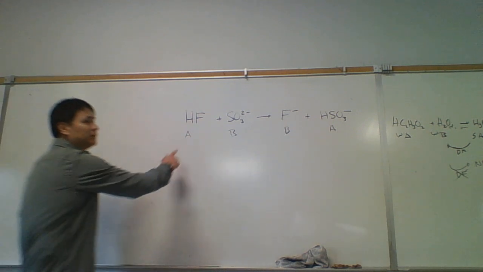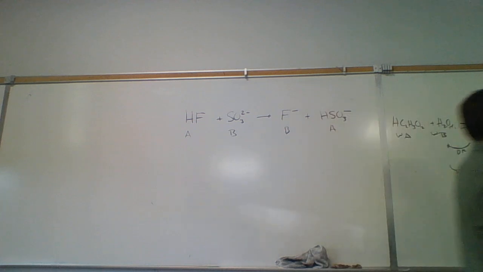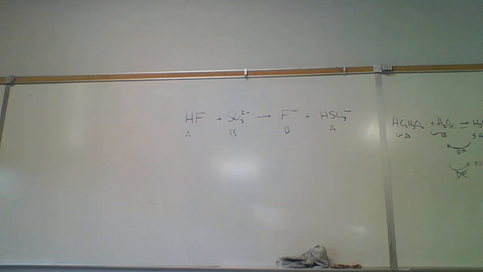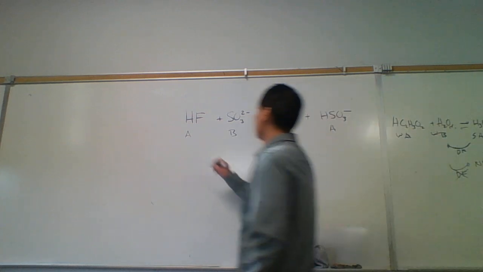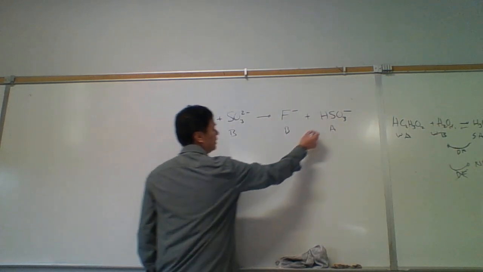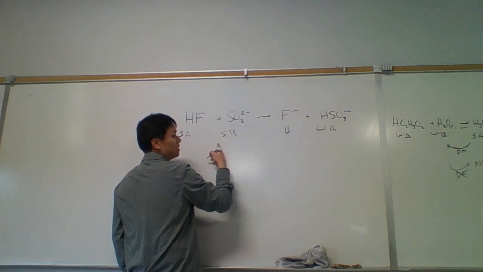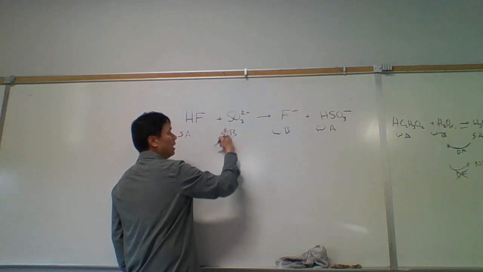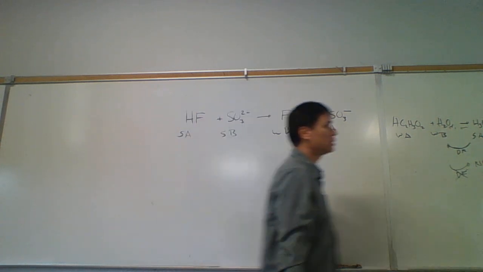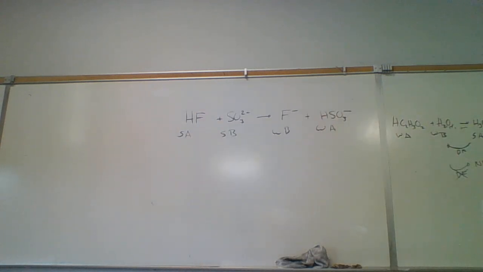So HF versus HSO3 minus. HF is here, HSO3 minus is here, and therefore we're going from stronger to weaker. And because of the conjugate relationship, it's got to go strong, strong to weak, weak. So SO3 2 minus must be a stronger base than F minus.